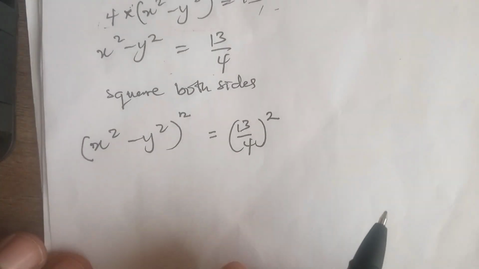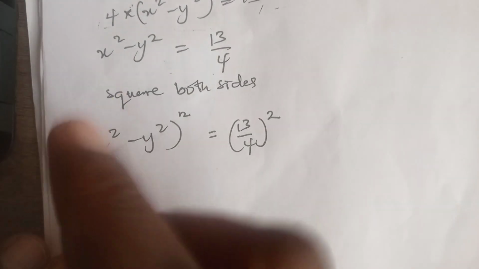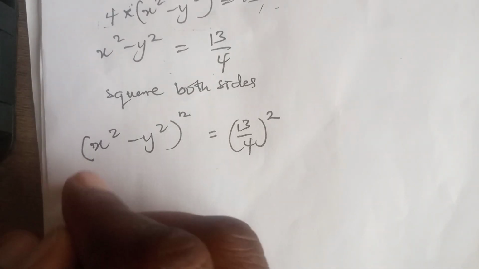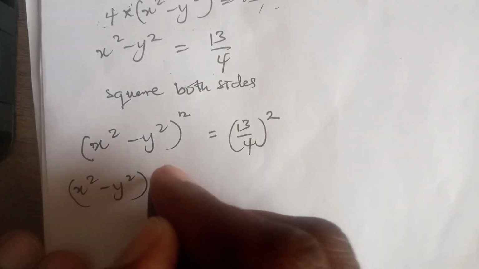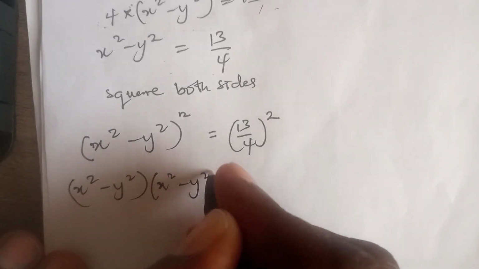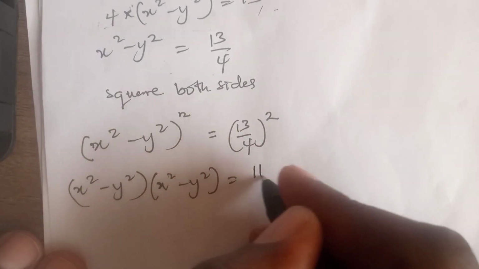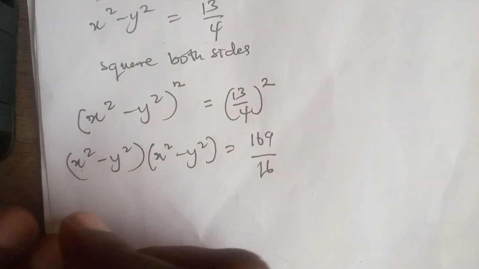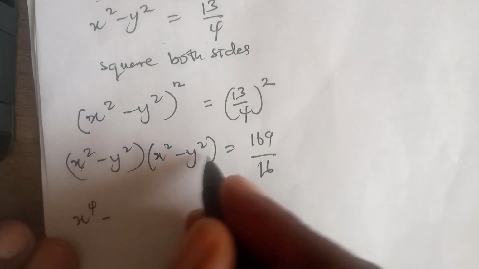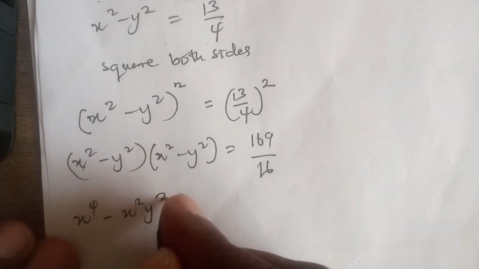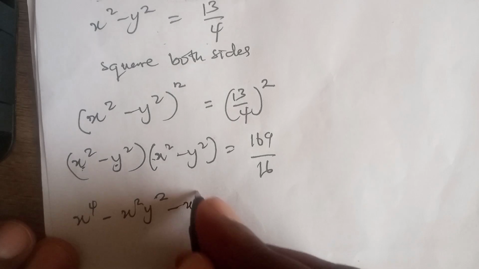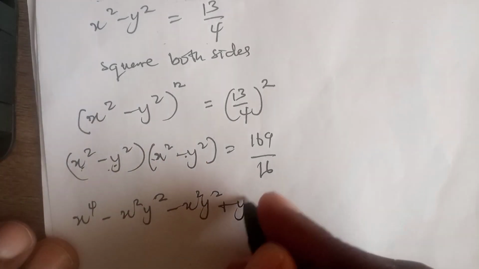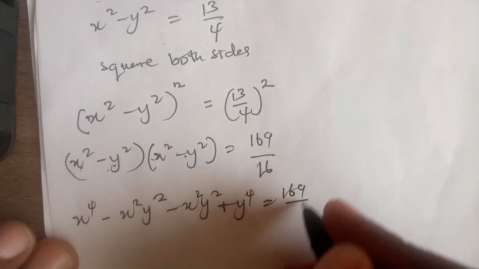Let's expand this bracket. The right side is 13 times 13 is 169 over 16. On the left, x squared times x squared is x to the power 4, minus x squared times y squared, minus x squared y squared, then minus times minus, minus y squared times minus y squared, plus y raised to power 4, equals 169 over 16.